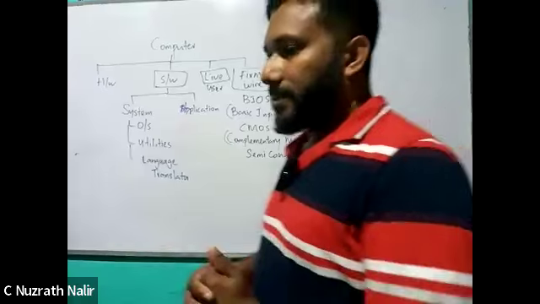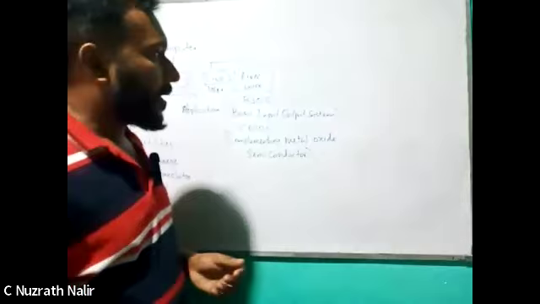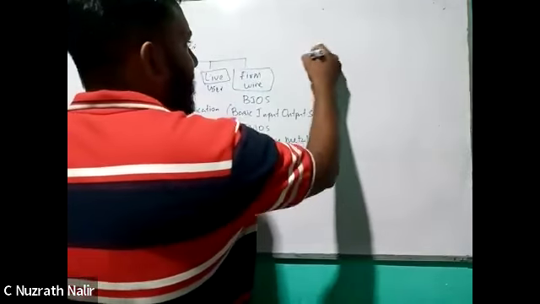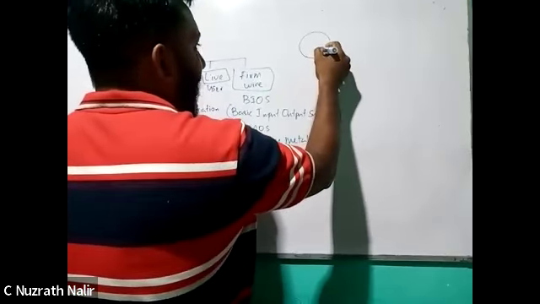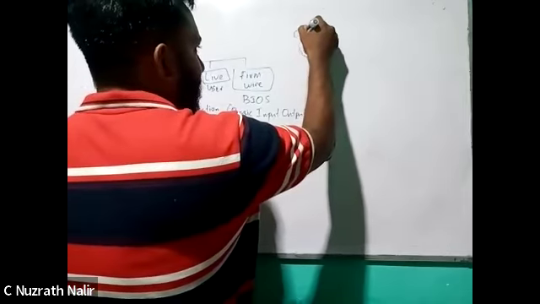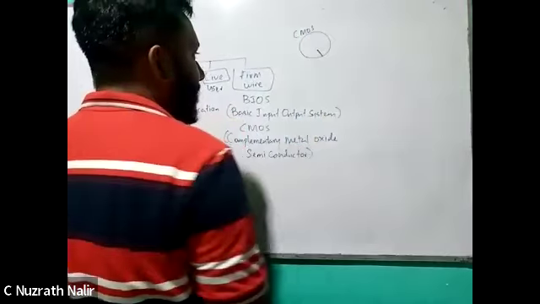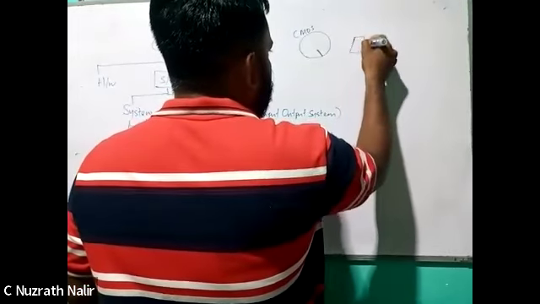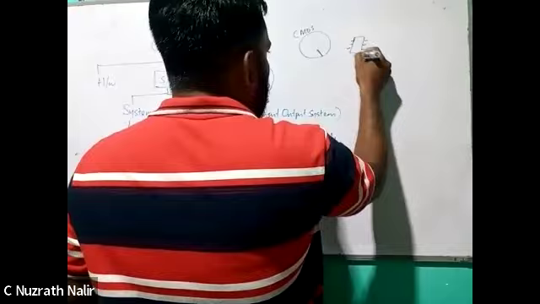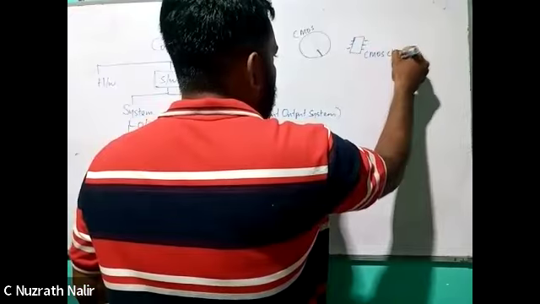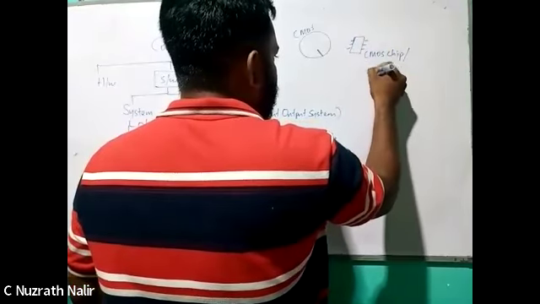Firmware means what? It's a special software. You see that in your motherboard, there is a small battery. We call it a CMOS battery. Very close by, there is a small chip called the CMOS chip or BIOS chip.